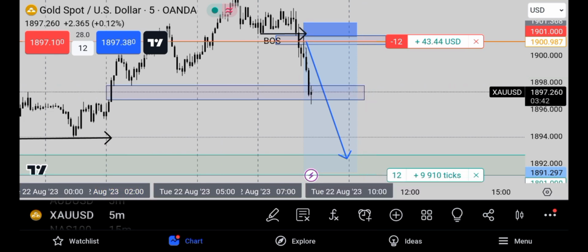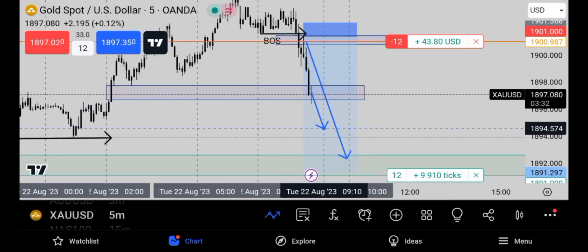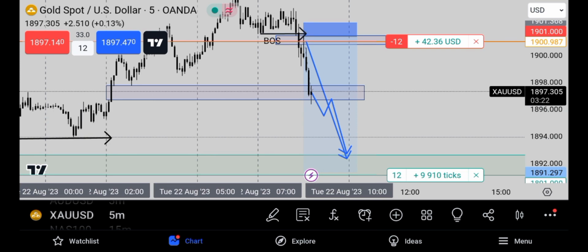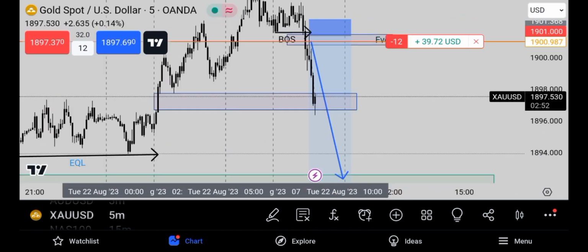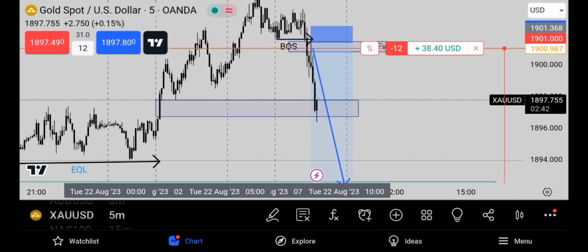Here market starts to play around the first level of interest, which was a fair value gap, but I had not annotated it. I wasn't really thinking much of it, but it would have been a great place to take my first take profit at that point.